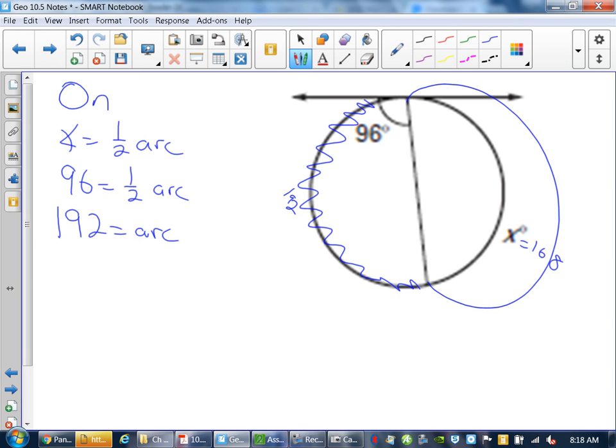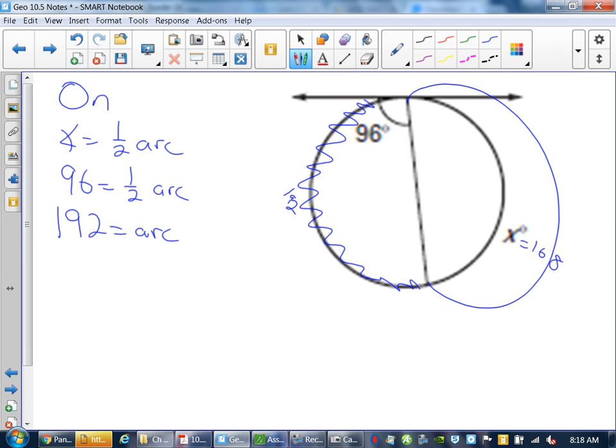Now, the other way to do it was what was being said earlier. If I go back to where the 96 degrees is on the diagram, you'll notice that you've got a line and an angle. When you have two angles on a line, that means one angle is 96, the other side would be its supplement. What's the supplement to 96? Very good.